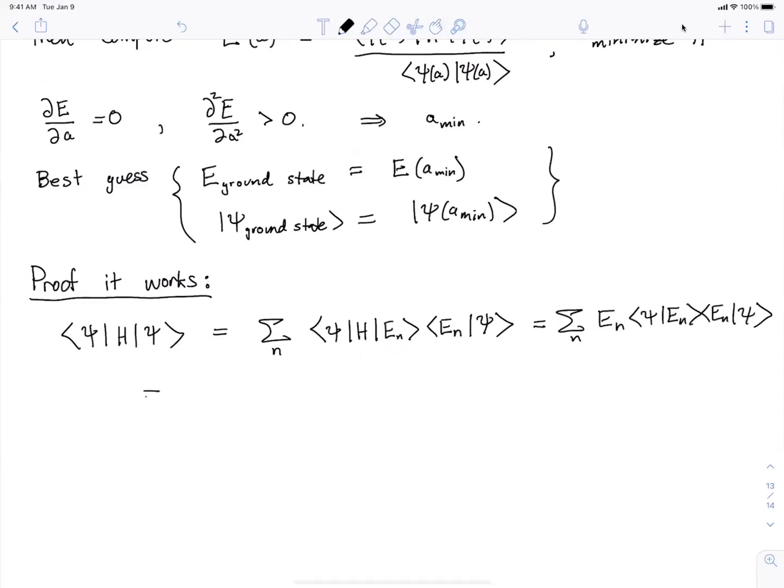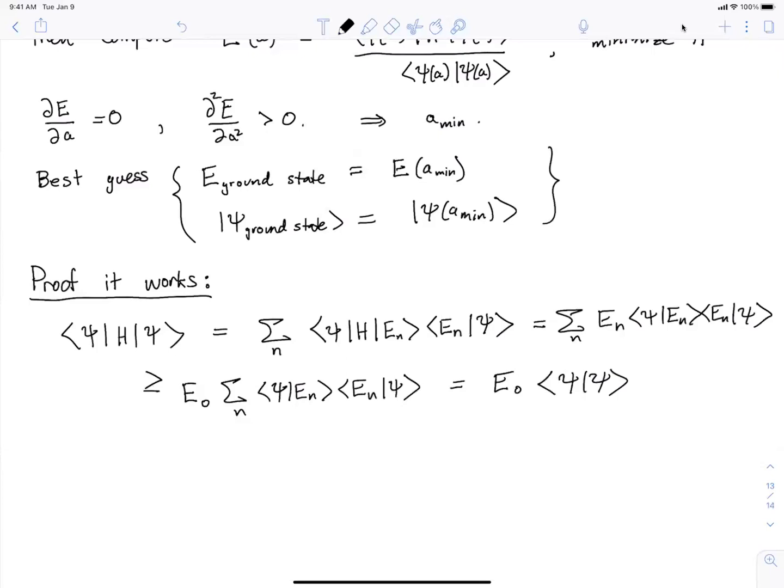Okay, and now this is greater than or equal to E0, because E0 is less than En by definition, but now I've pulled out the En and called it E0. And now I can once again use completeness, because all of this stuff, when I sum over n, is just the identity operator. So this is equal to E0 psi psi.